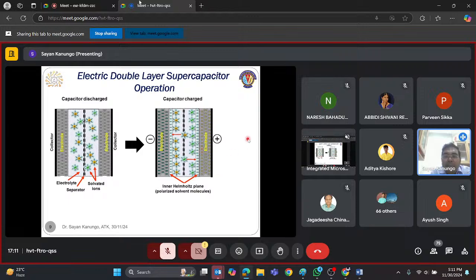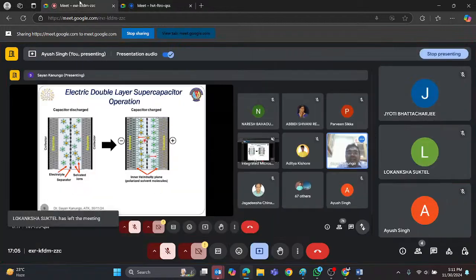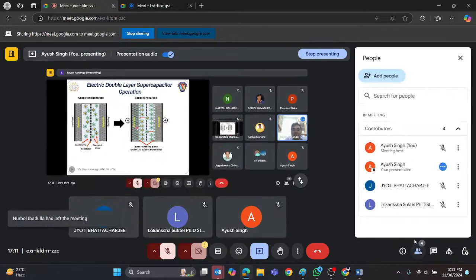So what happens when a potential difference is applied between the two electrodes? Based on the polarity of the potential applied to an electrode, the opposite charge polarity ions, or the counter ions, try to reach towards that particular electrode.